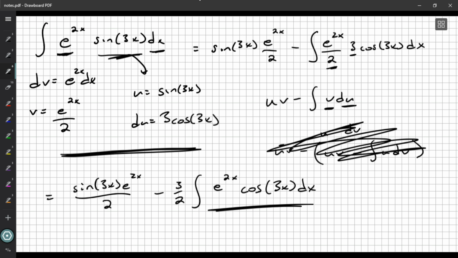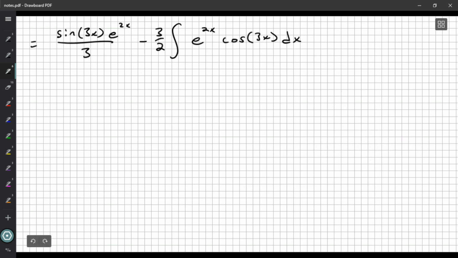So I don't want to pick for my dv something involving the cos 3x. Unless I have a really good idea of what I'm doing, probably shouldn't do that. So that leaves the e to the 2x, which I would have chosen anyway for my dv, just like I did before. Now we get the same v here, but what changes is our u.